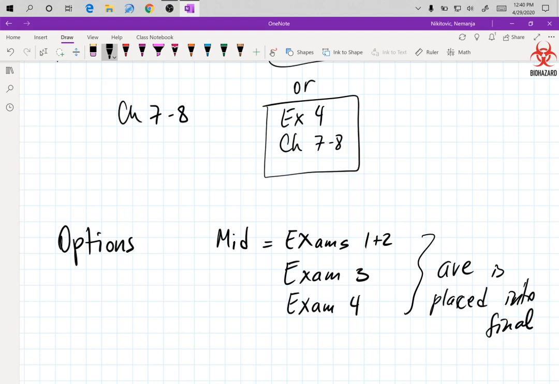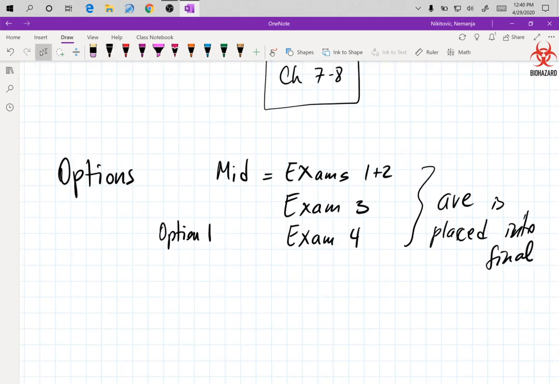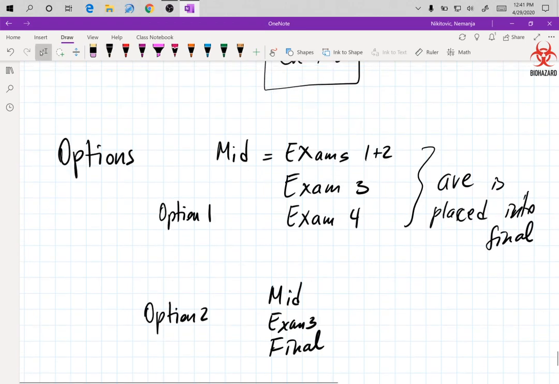That's option 1. I'll have to post both tests. It's just a mess. Option 2: midterm, exam 3, final, which is actually the syllabus.